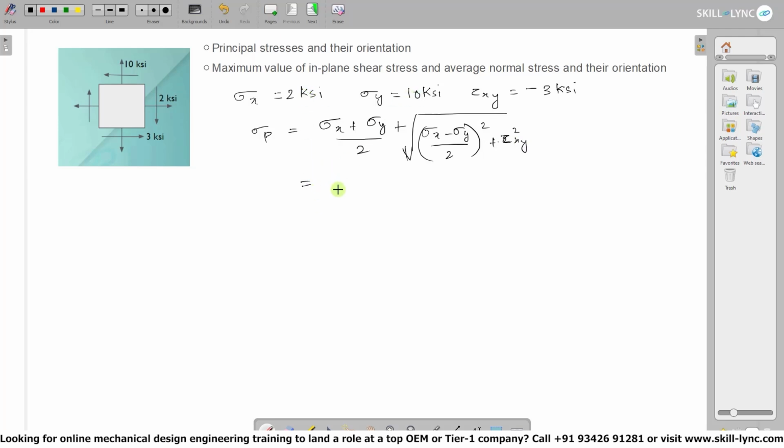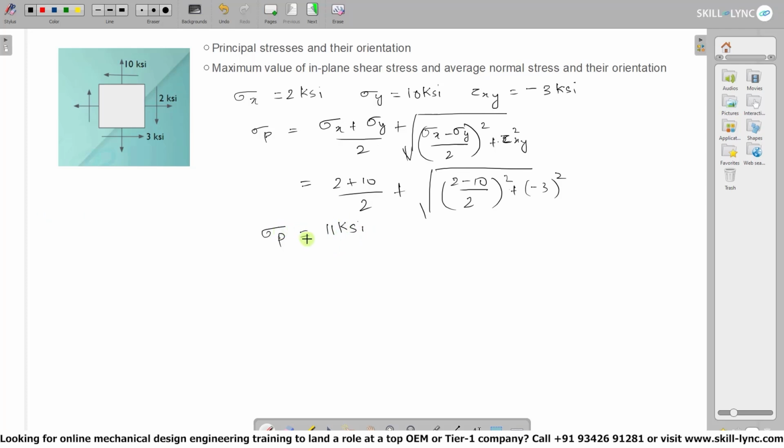If we substitute the given values, which is (2 plus 10) by 2 plus root of ((2 minus 10) by 2) the whole square plus (minus 3) the whole square, we'll get the value of sigma p as 11 ksi.